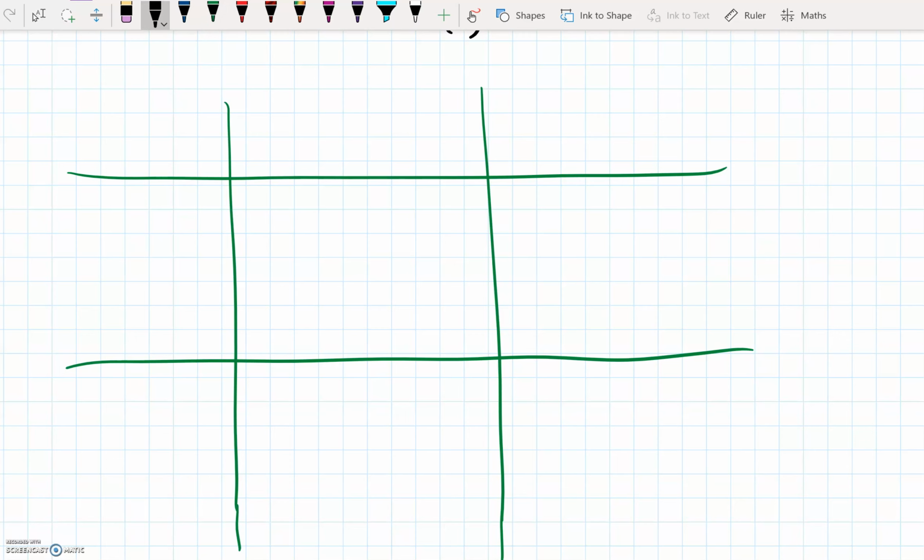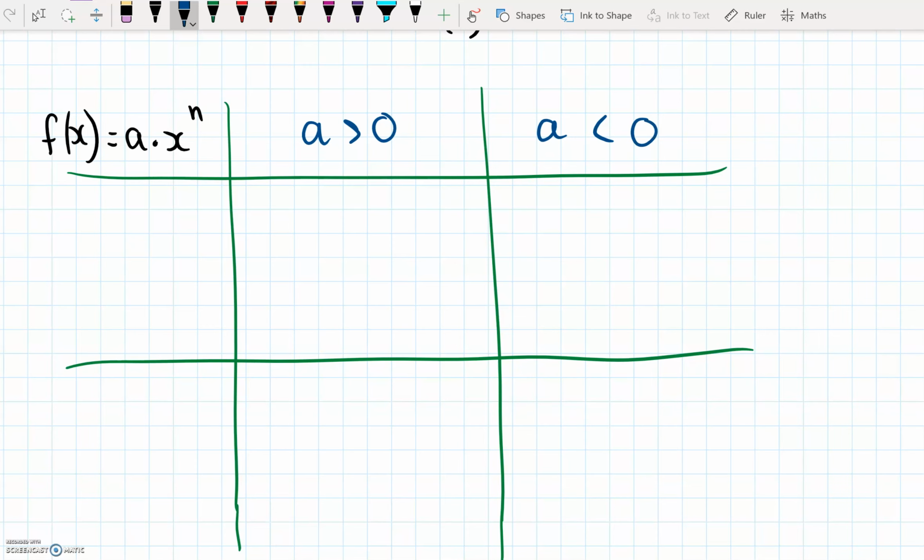All right, we have f(x) equals a times x to the power of n. One condition is that a is either positive or a is negative. Then our other condition is our values of n. So n can be even or n can be odd.